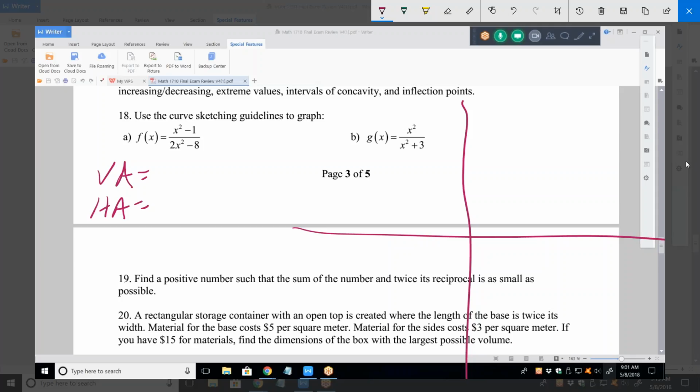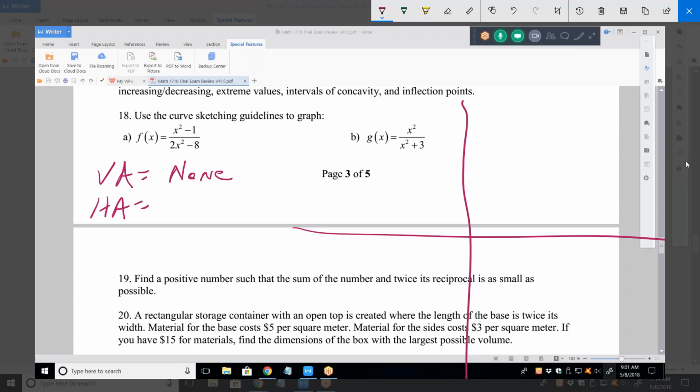Is there anything x cannot be? The square root of 3. No. That denominator can never be 0. X squared is always positive, and when you add 3 to it, it's always positive. So there are none. Okay.